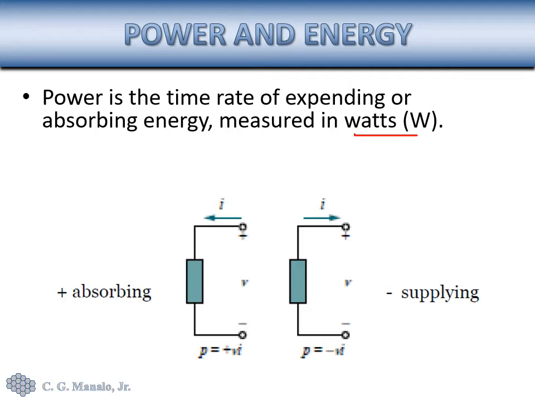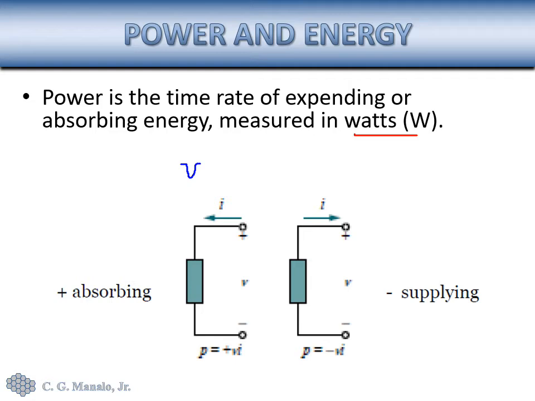Shown here is the element, and the voltage across the element is shown here, and current I is entering the element. Now let's say I'm going to multiply V, the voltage, and the current. So let's see what will happen.